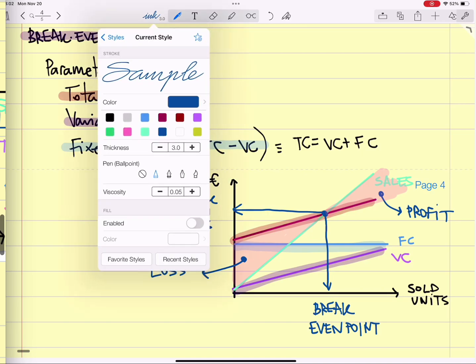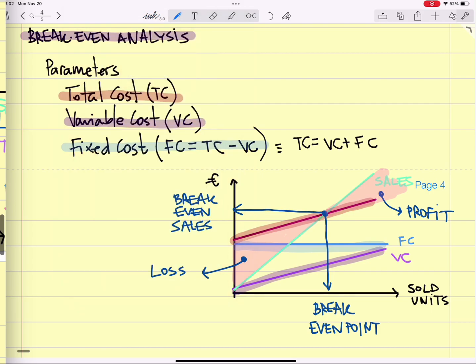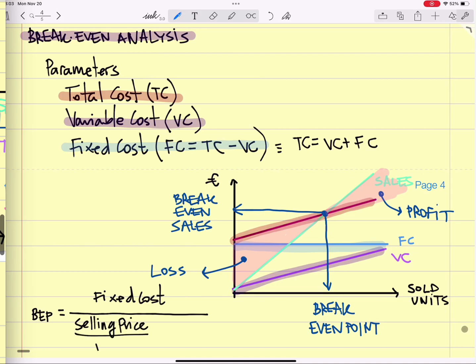Is that cool? So basically, because this is a line where the sales and the break-even point are going to be, let's say, intersecting, the number of sold units for it is just the fixed cost divided by the selling price per unit minus the variable cost per unit.